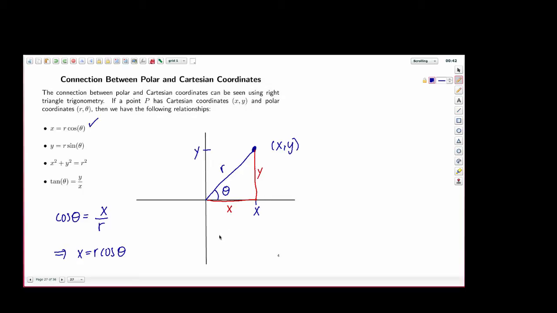Similarly, sine of theta is opposite over hypotenuse, which gives us y equals r sine theta, which is our second equation. The Pythagorean theorem tells us that x squared plus y squared equals r squared. And finally, tangent of theta is opposite over adjacent, so tangent theta is y over x. So these four equations can be helpful when you're moving back and forth between polar and Cartesian coordinates.